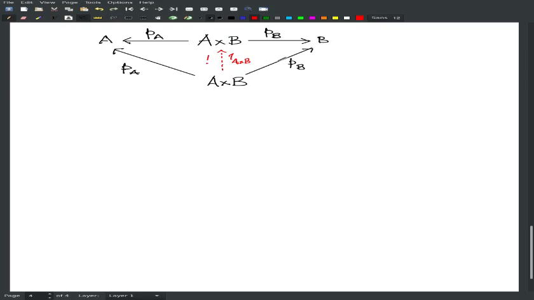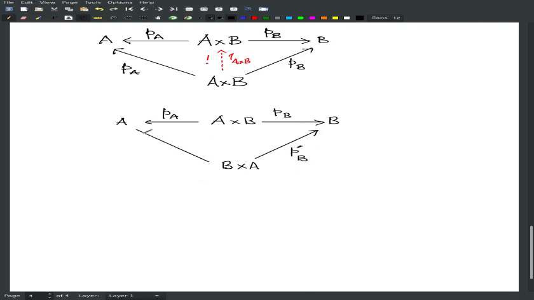Okay? Let's take another example. Somehow, so this is PA. Now somehow I am saying something like this. It's B cross A. Now this one, the projection, I am denoting by PB prime, and this I am saying by PA prime.